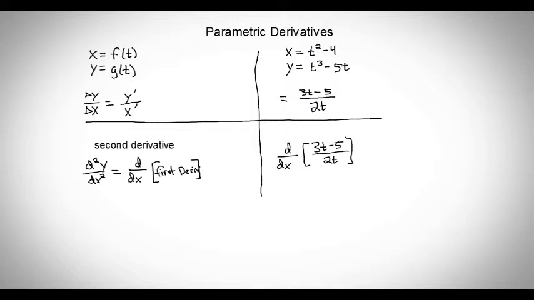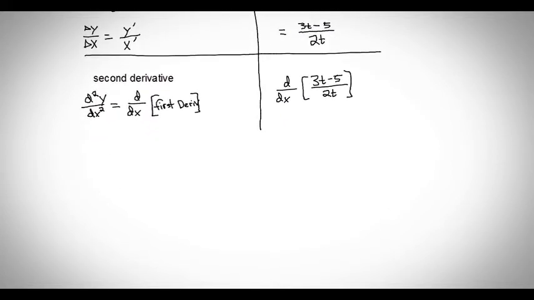Now, I'm going to switch over to the numbers here for a second and pay most attention to those. When we take this derivative, I'm hoping you see the problem here. We're taking the derivative with respect to x, but our function in here only has t's. They don't match. And so that means we're going to have to add a chain rule when we take this derivative. We're going to have to add a dt/dx.